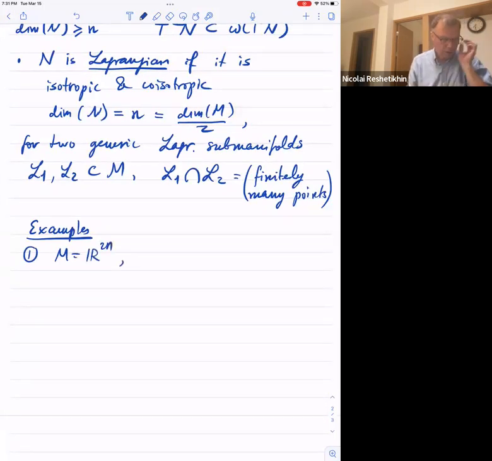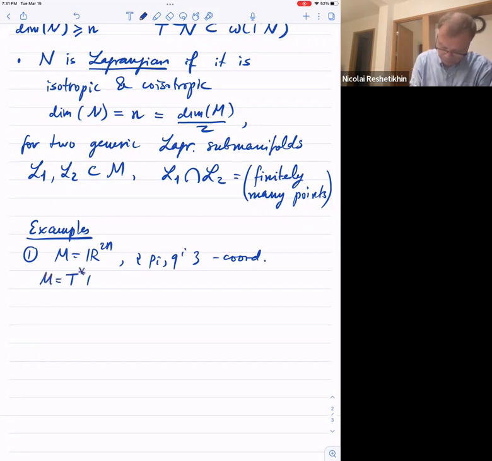Suppose that M is R to the 2n with coordinates pi and qi. I keep some indices lower indices, some indices upper indices, having in mind that this is nothing but the cotangent bundle to Rn with coordinates qi on Rn, and on fibers we have pi as usual.